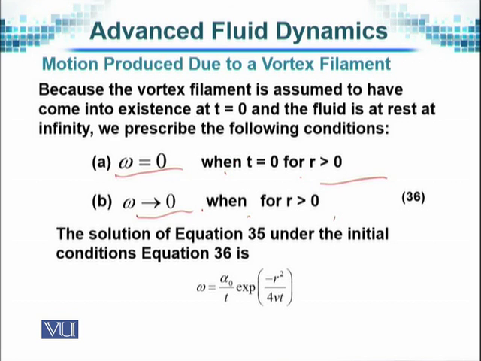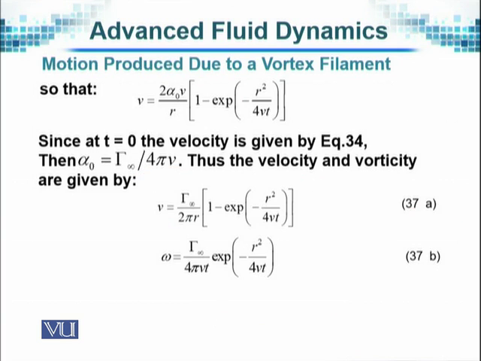The solution of equation 35, given above, using this condition, we can take to be this, because as we know, this partial differential equation is a well-known equation, and its solution is found to be in the form of the diffusion equation.